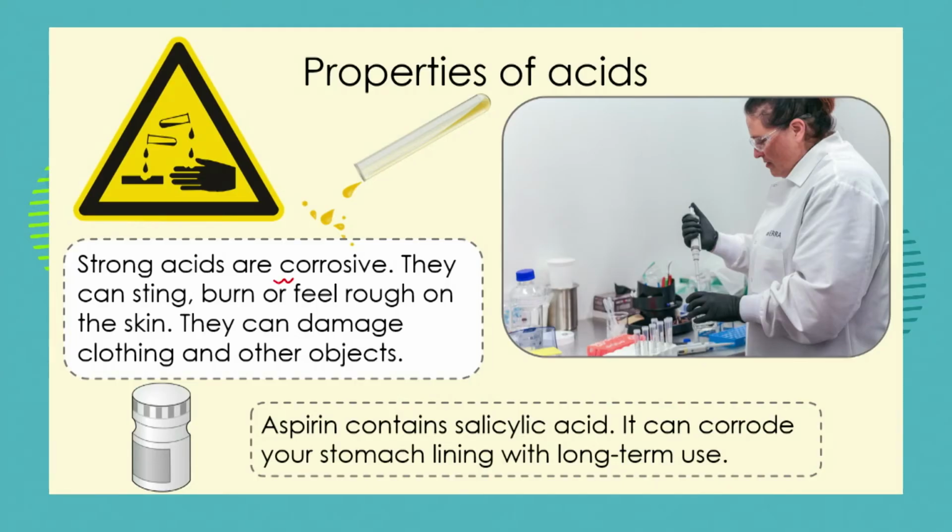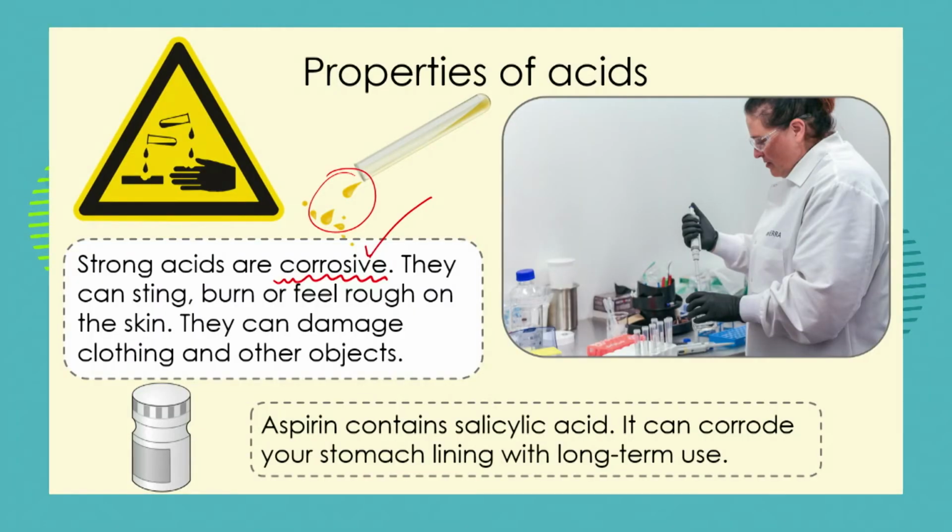Another property of acids is that they are corrosive. Now, corrosive means that if you spill the acid on your hands or on other materials, we can see that the acid will burn away the material. And that is what we mean by corrosive.